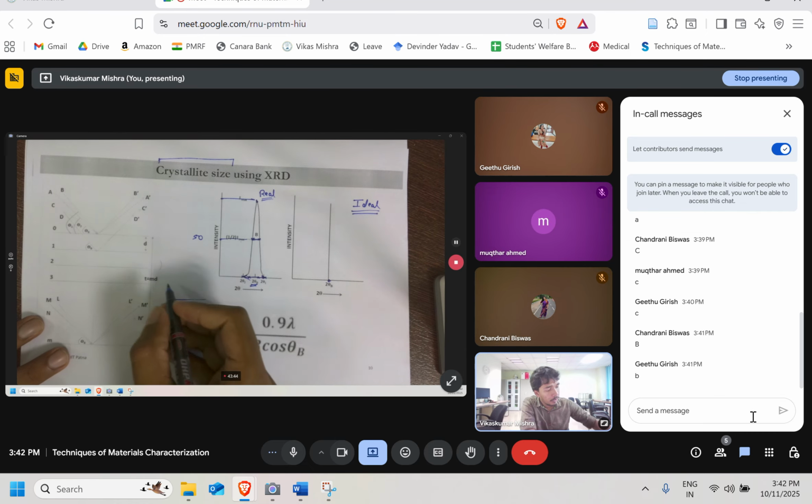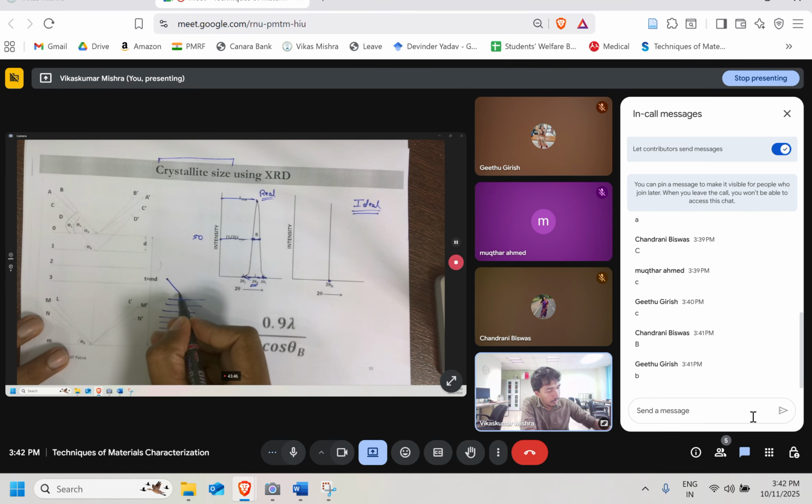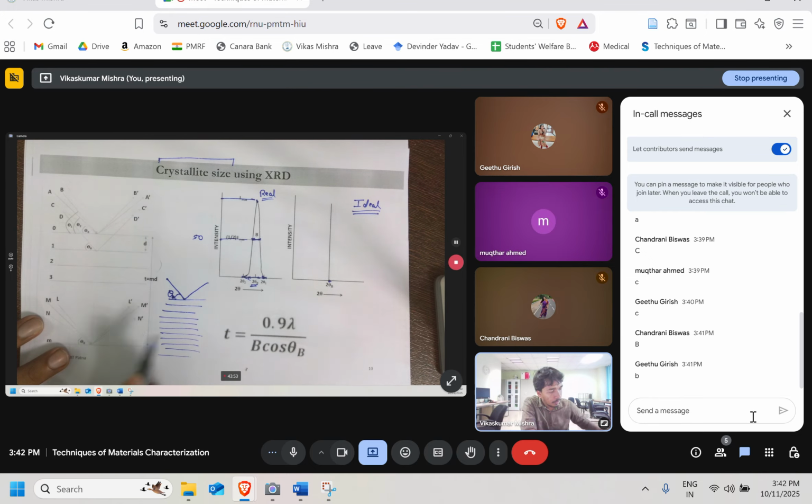Let's say this is the Bragg angle, and n lambda equal to 2d sin theta is satisfied, and in the XRD peak we are getting the intensity. Slightly away from that, if we move the angle a little ahead, increasing the 2 theta, the Bragg's law is not satisfied.